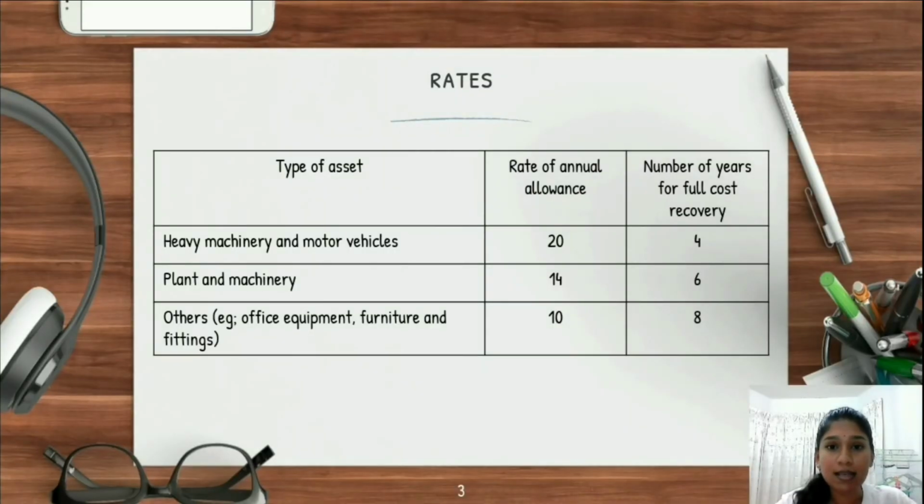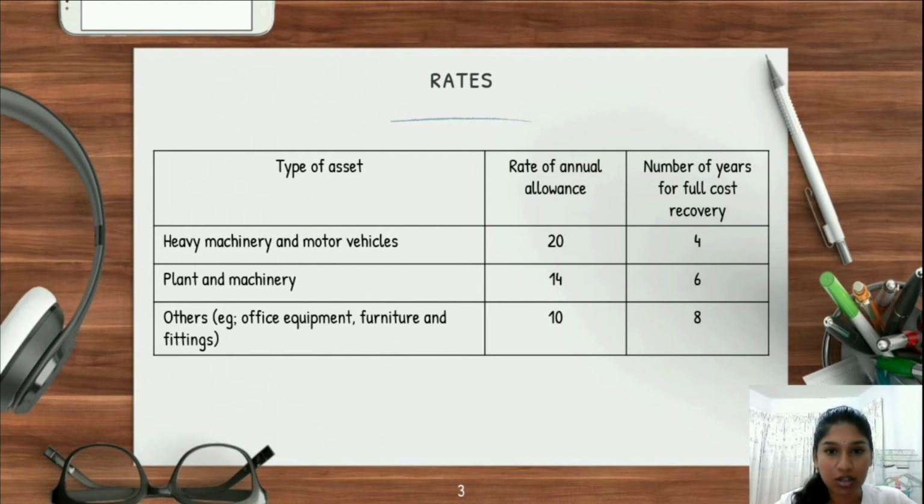Now we are going to see the rates of annual allowance for each type of asset. First, for heavy machinery and motor vehicles, the rate of annual allowance is 20% and the number of years for full cost recovery is 4 years.